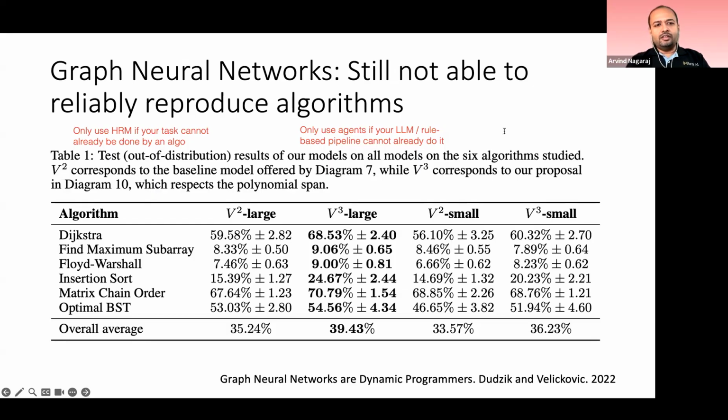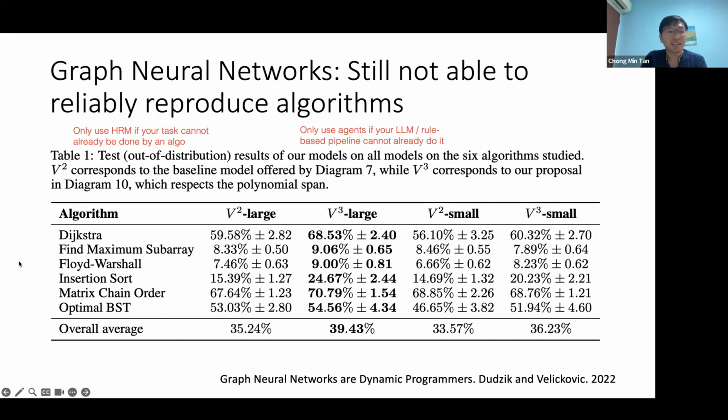But again, the LLM has to make the right decision. Should I send this to a Python code writer which can actually write Dijkstra's algorithm or A star, as opposed to sending it to the HRM and trying to figure out the algorithm and reinvent it? I think it needs to be seen how good the router becomes down the line.